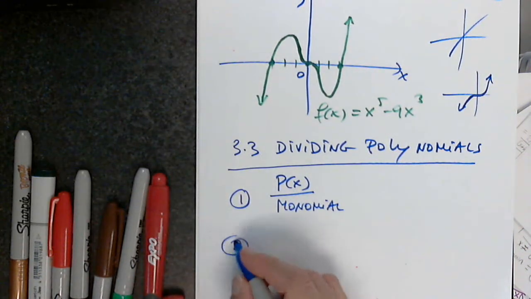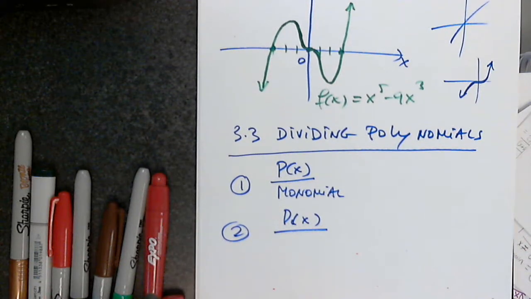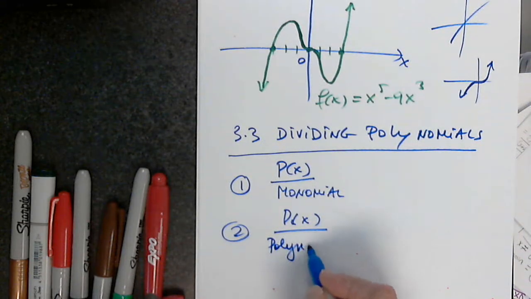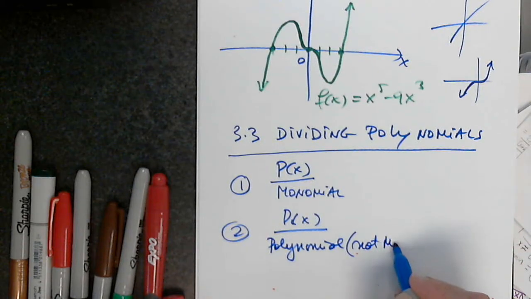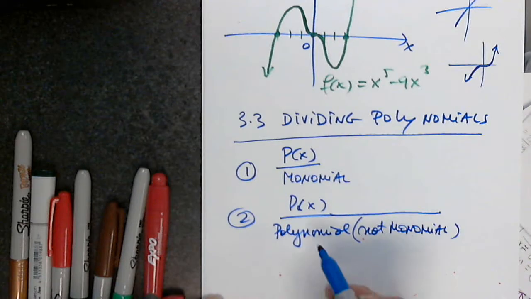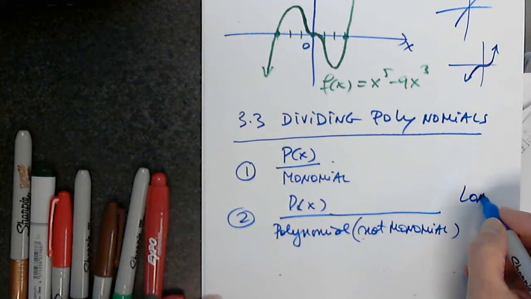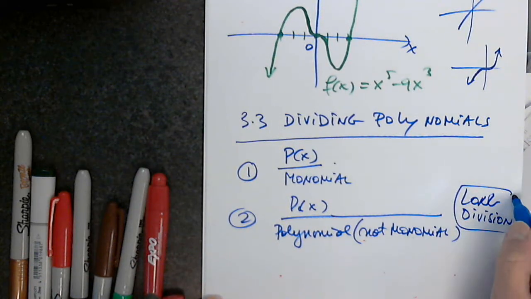Second situation is a polynomial, p of x, divided by anything else, not a monomial, by another polynomial. This one doesn't have a name, but this one is called long division.